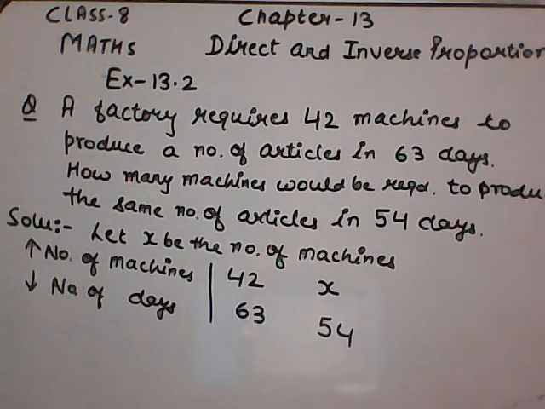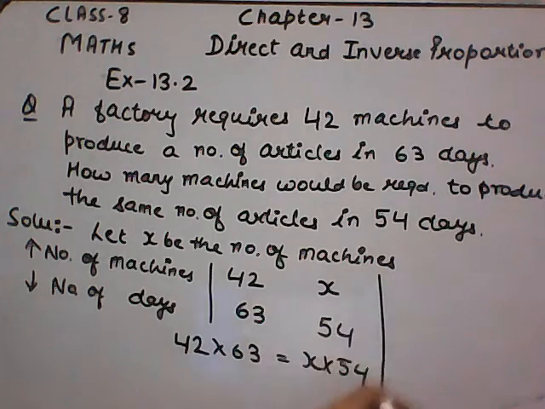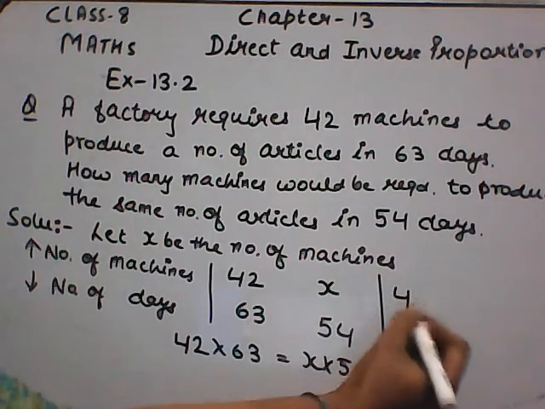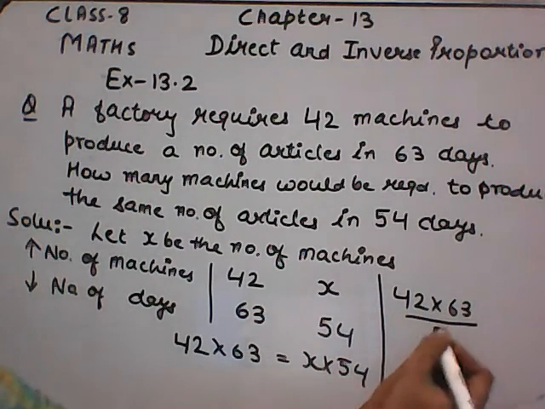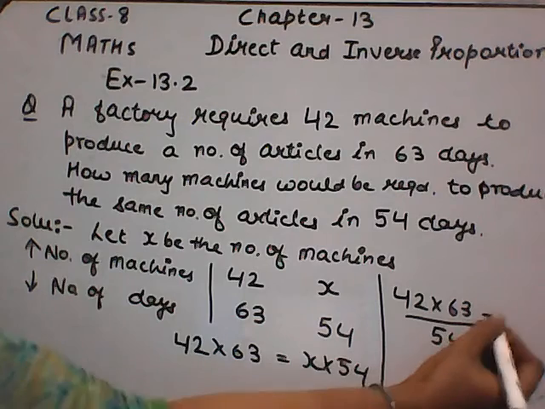In inverse proportion, we take the product of the values of x corresponding to the values of y. Here 42 multiplied by 63 equals x multiplied by 54. You have to find the value of x. So it is 42 multiplied by 63 divided by 54 equals x.